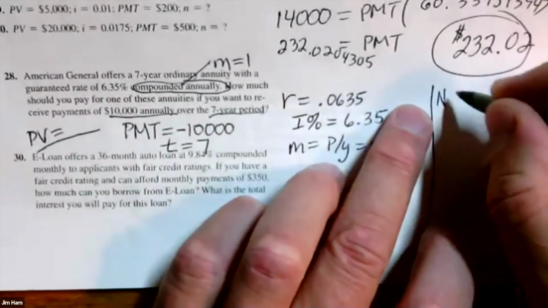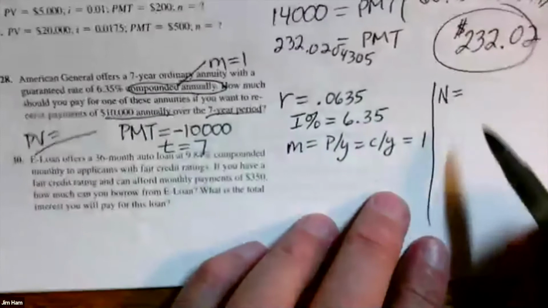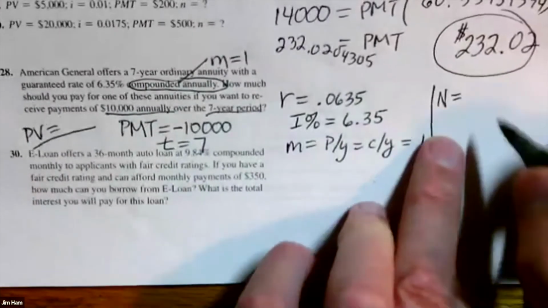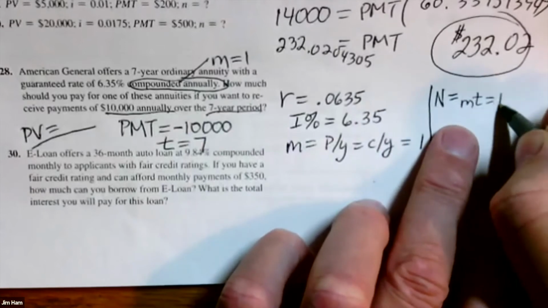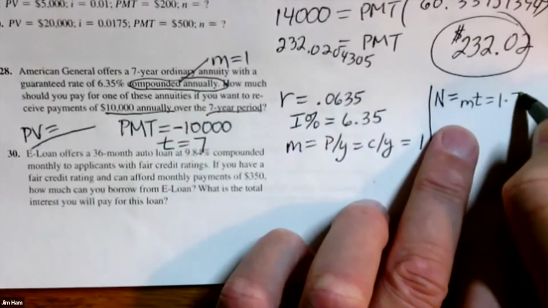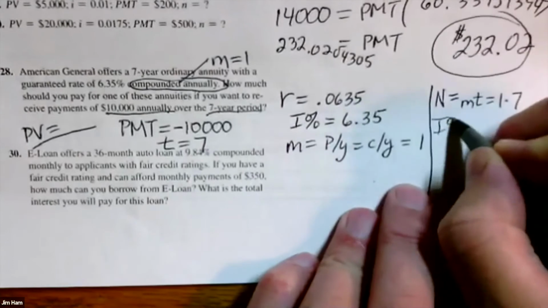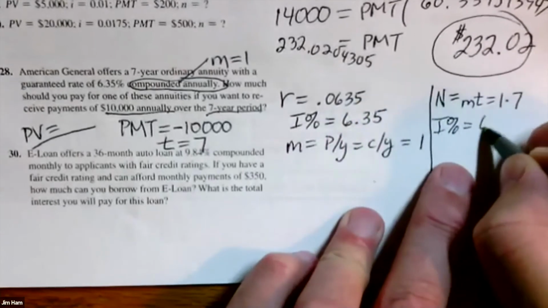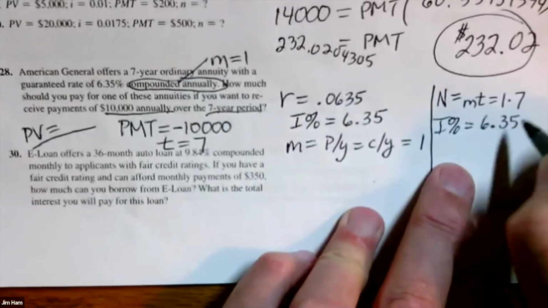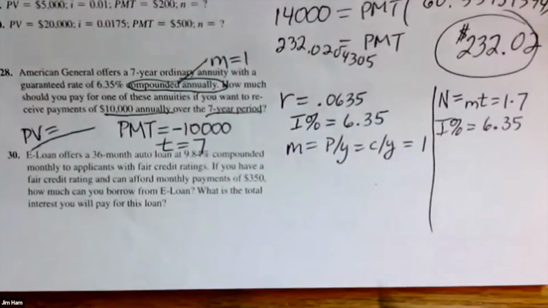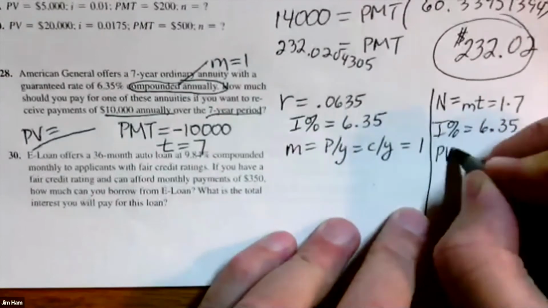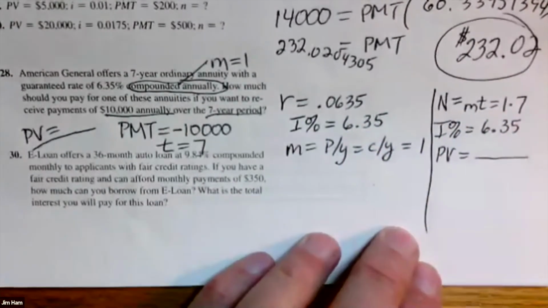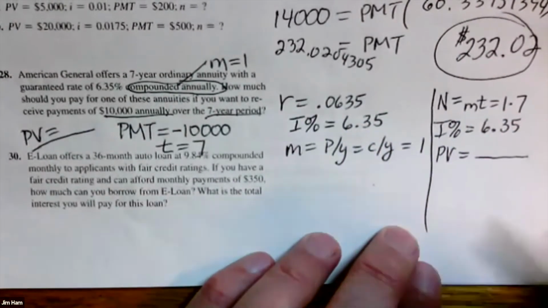All right, let's go to the TVM solver and enter in everything we need to enter in. The N is equal to M times T. And so our M in this case is 1, and the T is 7. The interest rate is I%. In this case, we enter the percentage version of our rate and not the decimal version. Present value is going to be what we're looking for, so there's where we're going to do the alpha solve.